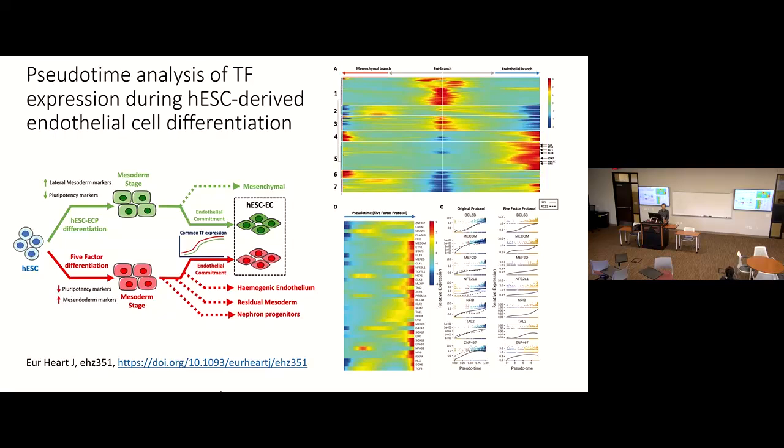This is one of the earliest studies using this method, and they found pseudo-time and gene associations. This is using embryonic stem cells to derive different lineages of endothelium cells.